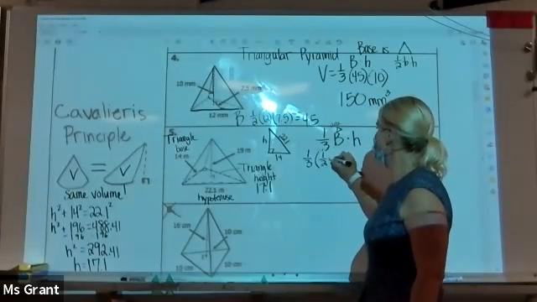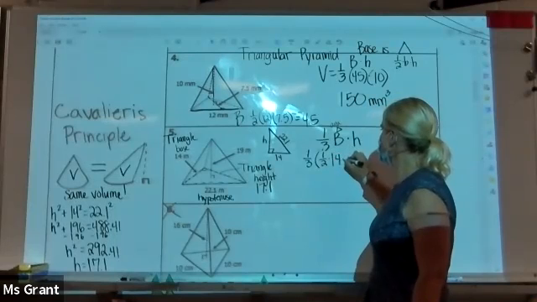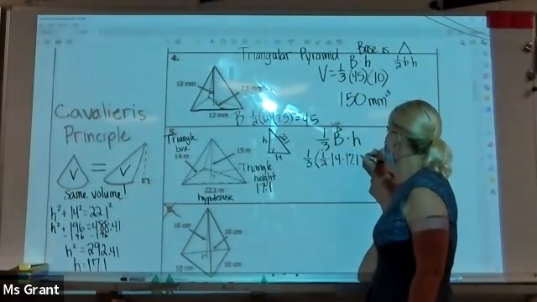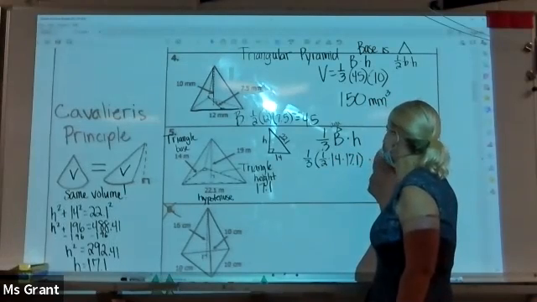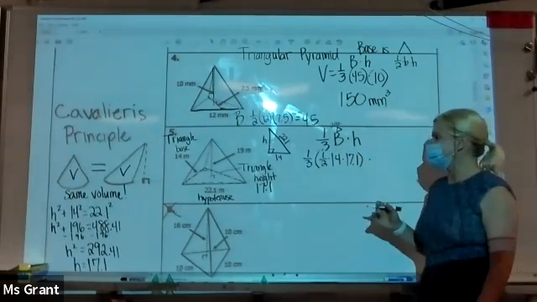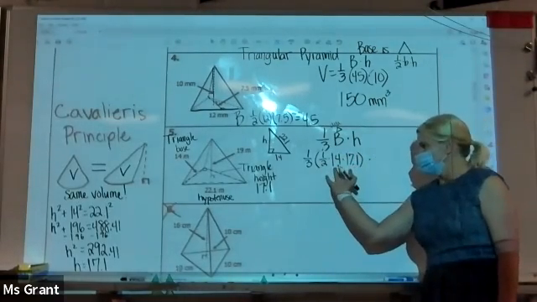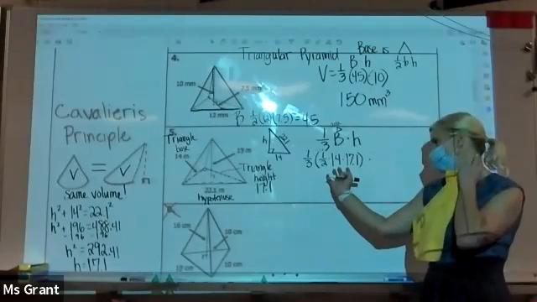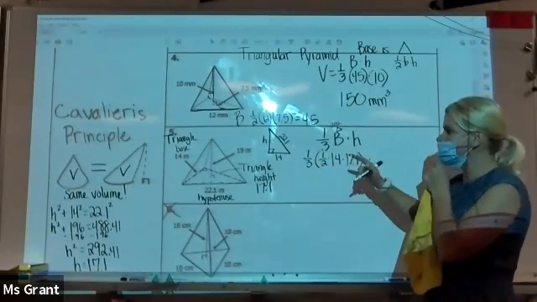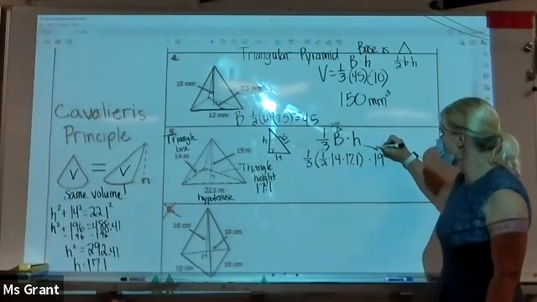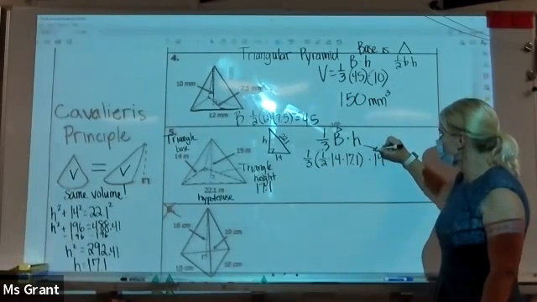One half base times height. So the formula is, this is the triangle's area. The height of my pyramid is 19. Okay.